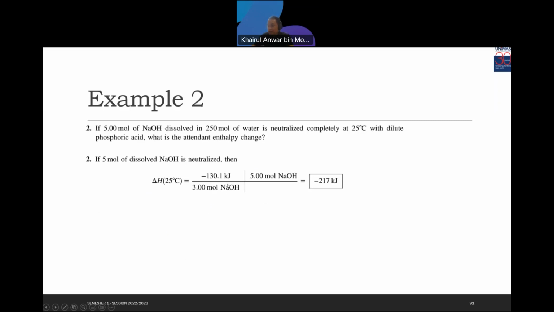So 3 mole NaOH is from the chemical reaction, 5 mole NaOH is from the question. So divide by 3 mole and multiply by 5 mole NaOH, you get negative 217 kilojoule is produced to neutralize 5 mole NaOH.